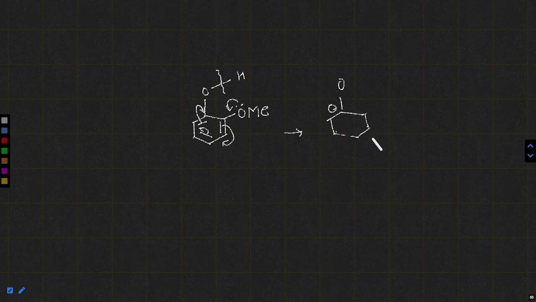Now electron density is increasing on this position because of the OMe group. Clear? So due to this reason, it is difficult to extract this proton.